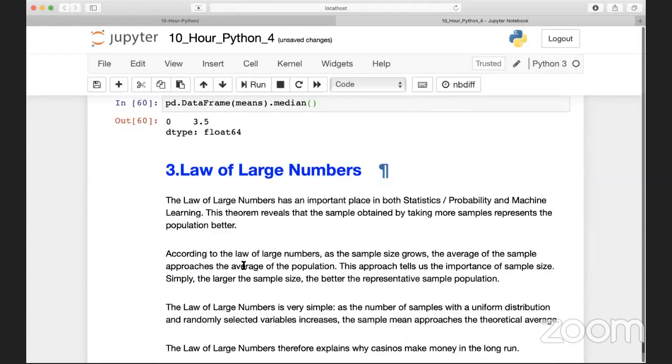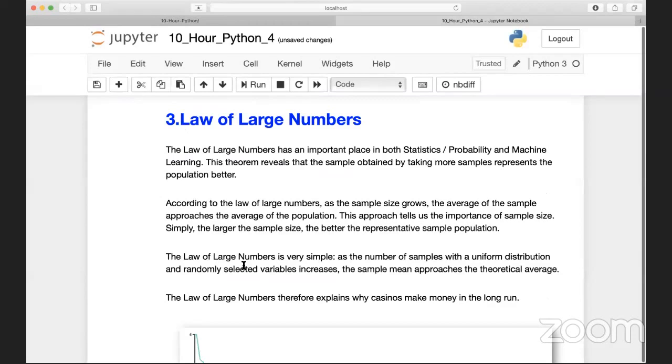Okay. How about the law of large numbers? The law of large numbers basically says that the sample size matters. If you increase the number of samples, you better represent the population.